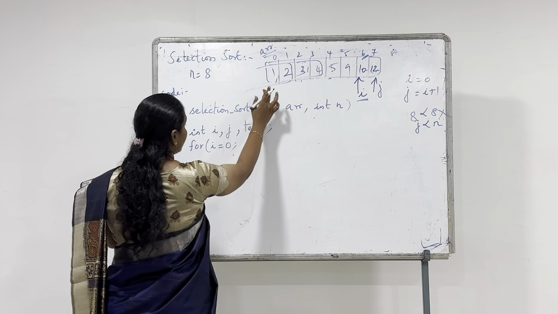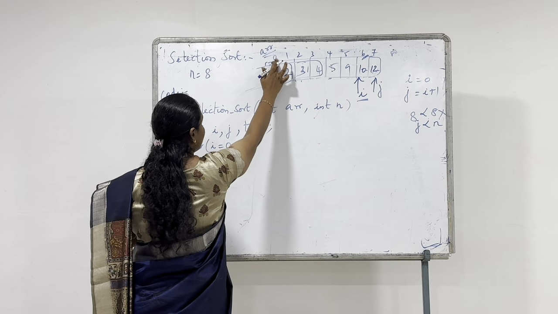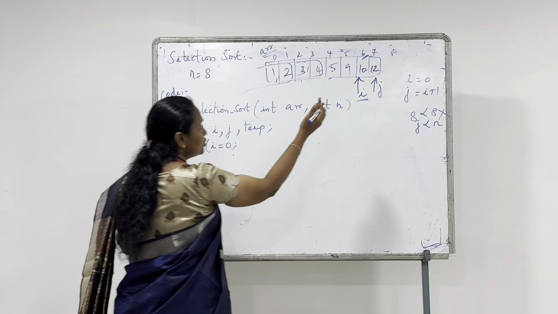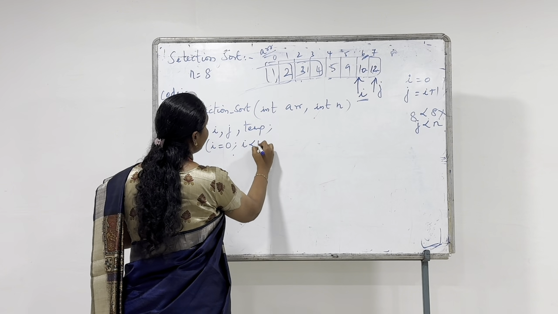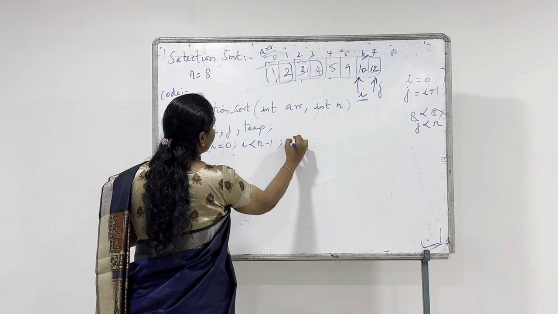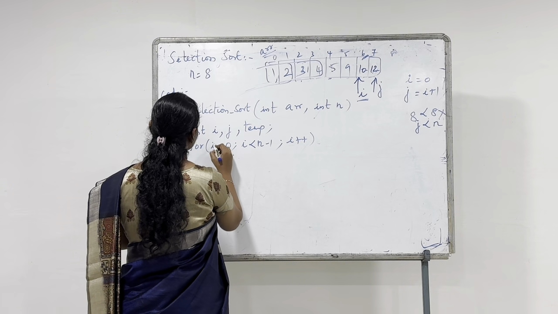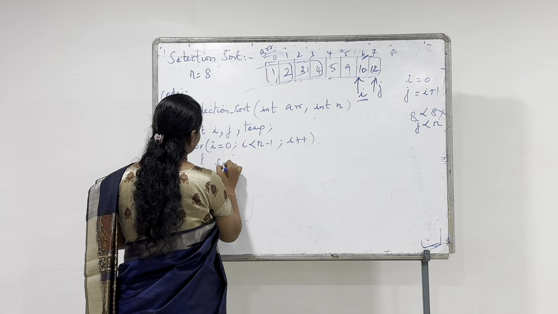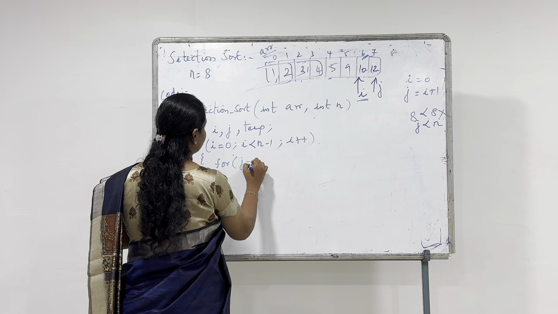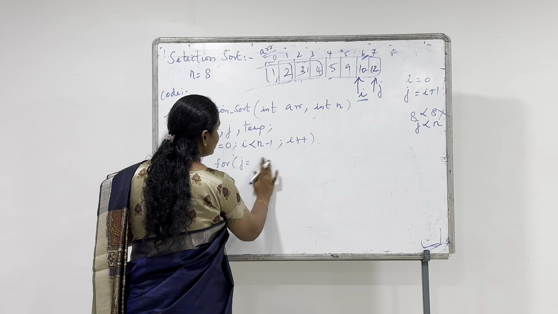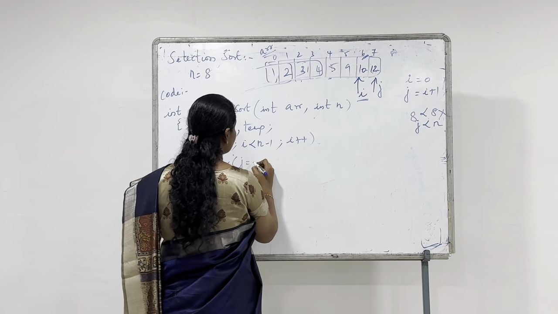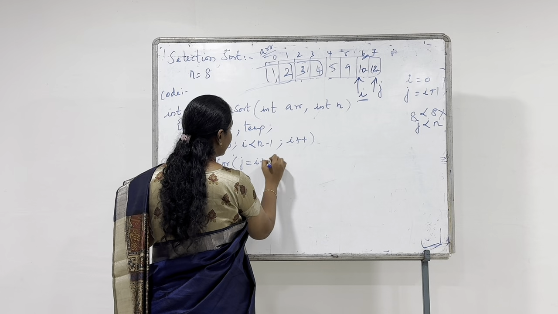I starting value should start from index 0 and it should reach up to 6. So I should be less than n minus 1, and then I plus plus. And j should start from I plus 1 position.